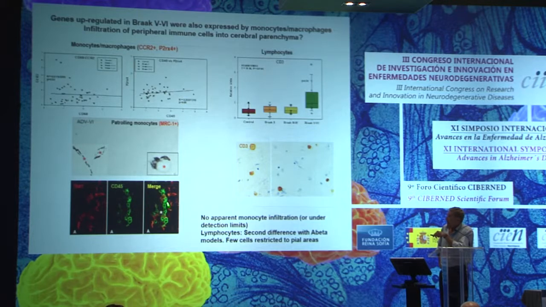This is restricted to the vessels, and we did not observe any infiltration to the parenchyma. Concerning lymphocytes, we did observe very few infiltrated lymphocytes restricted to pial areas of the cortex.